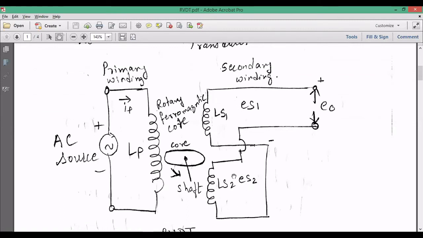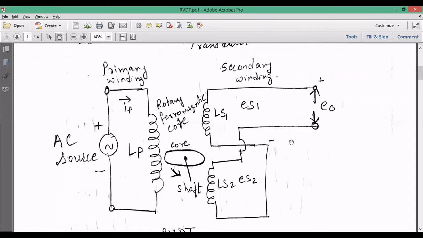The EMF induced at LS2, that is ES2, will be greater than the induced EMF at ES1. Yes, now there is a change, and the difference will be there. When I rotate anti-clockwise, there is a difference I got. I can say it is a reverse voltage when compared to the previous.